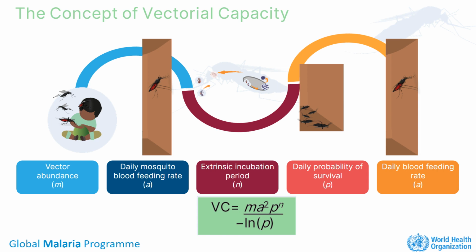This formula has been useful for understanding how interventions that affect different mosquito behaviors alter the rate of malaria transmission. However, it is very difficult and almost impossible to measure these different parameters in the field. Therefore, vectorial capacity is more useful as a concept than as a measurement of transmission.